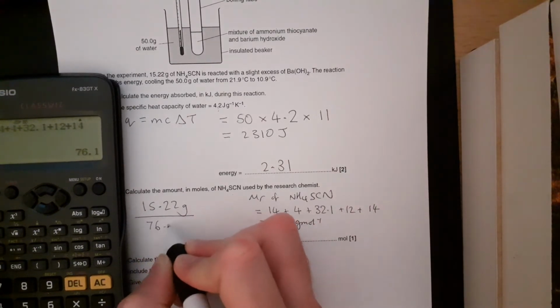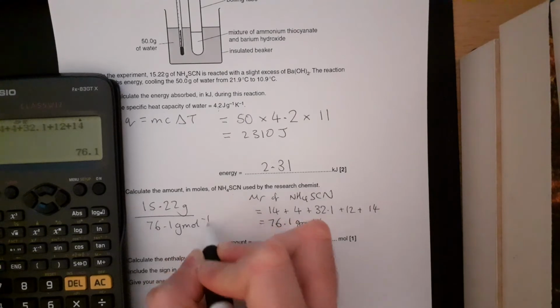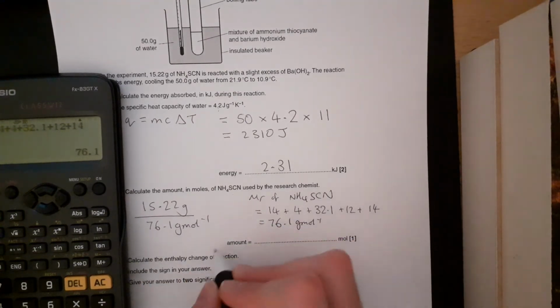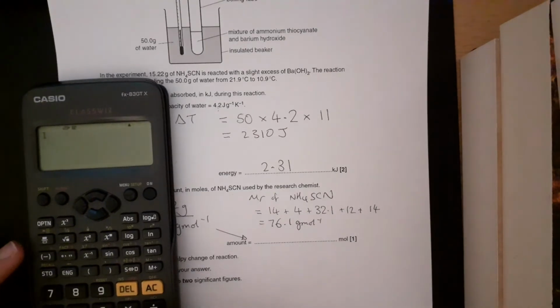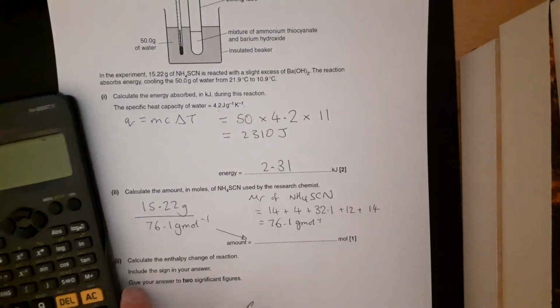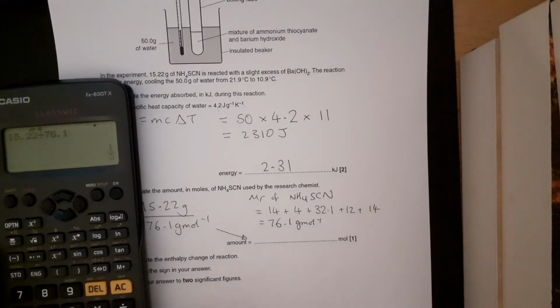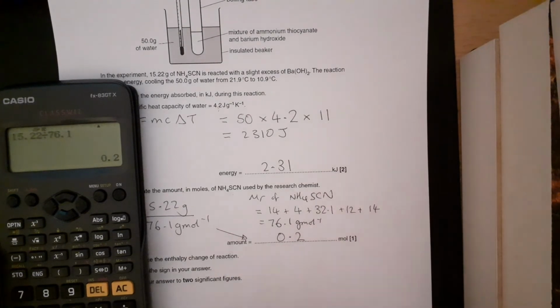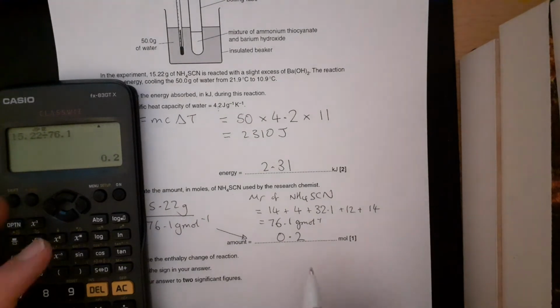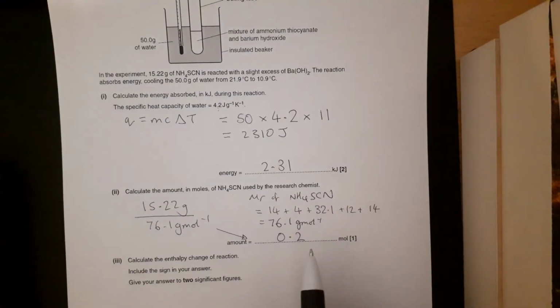Let's put that in here: 15.22 divided by 76.1 is 0.2. Nice, it's come out as a nice round number.